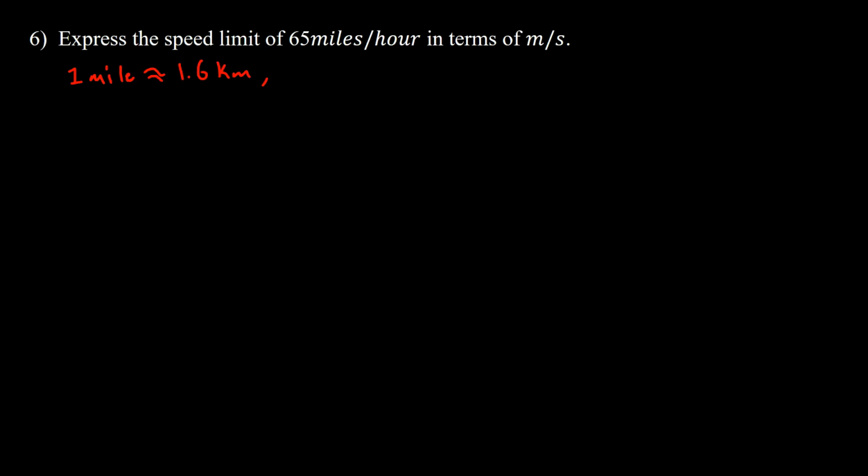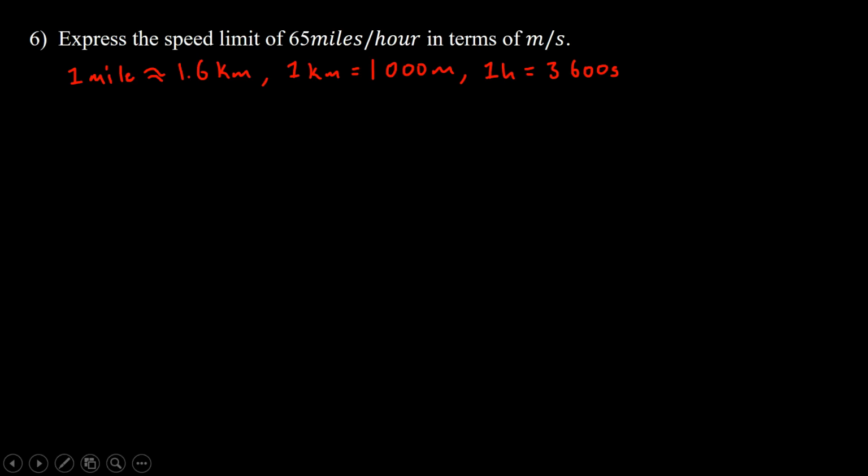And then what we want is not kilometers, so we have to make another conversion factor. 1 kilometer is equal to 1,000 meters. And then we also have to convert the hours to seconds. So we have 1 hour equal to 3,600 seconds. So we have everything that we need.